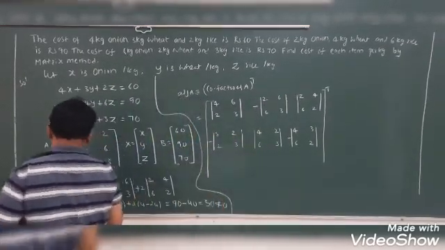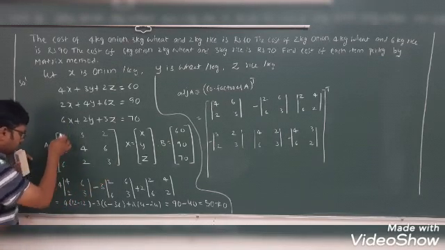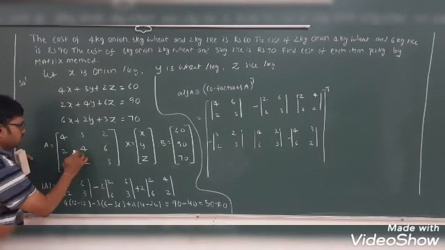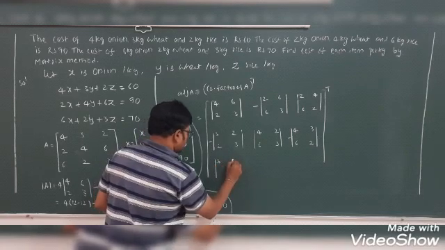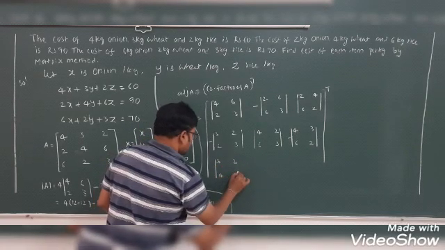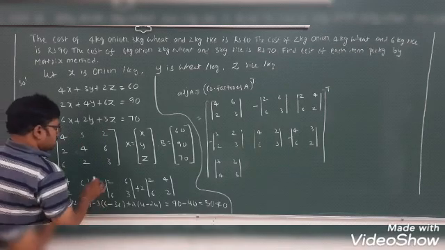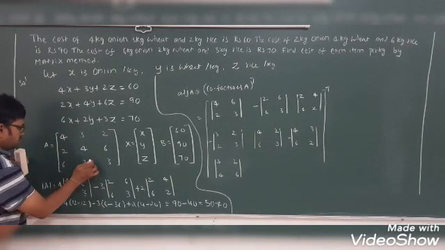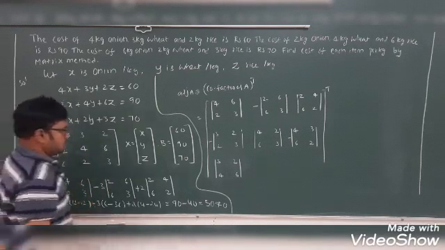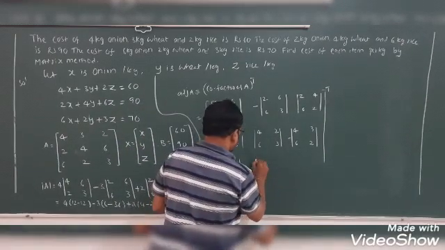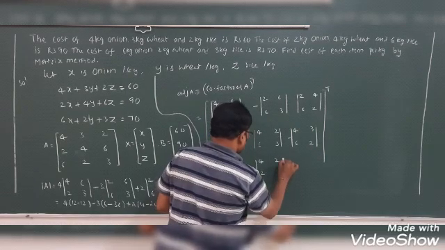Next, third row. With respect to this element, suspend the row and this column, we get 3 2 4 6. And then with respect to this element, this row and this column, we get 4 2 2 6.